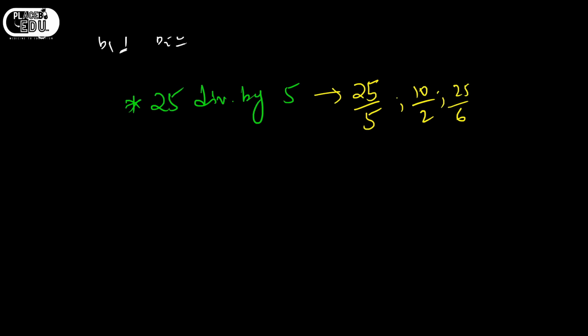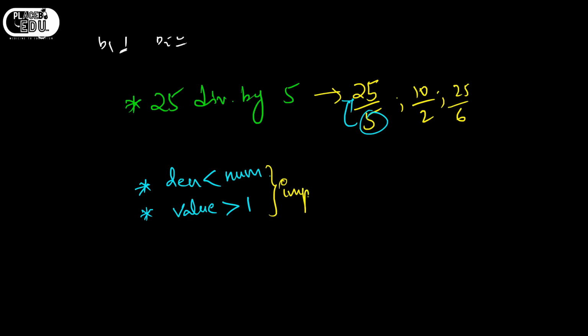If you observe here, the denominator is less than the numerator. So the property will be denominator will be less than numerator. Since denominator is less than numerator, the value will be greater than 1. So these conditions result in improper fractions.